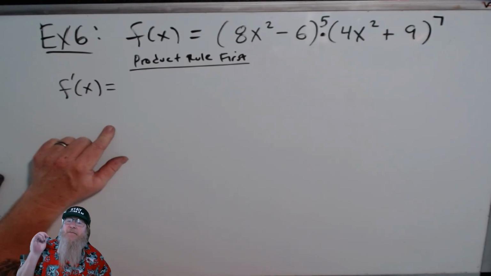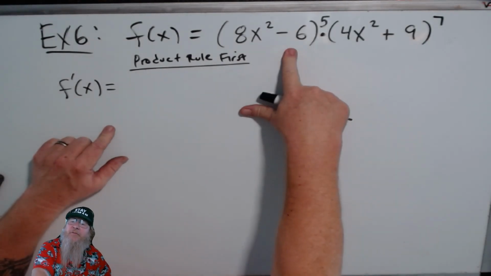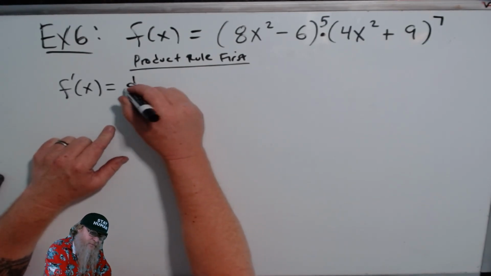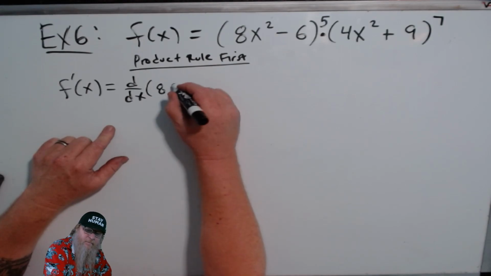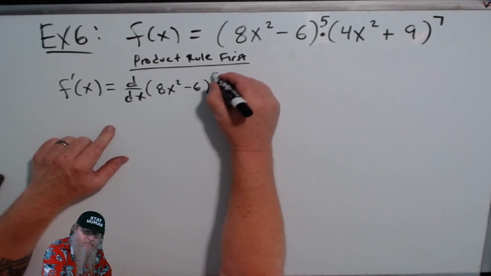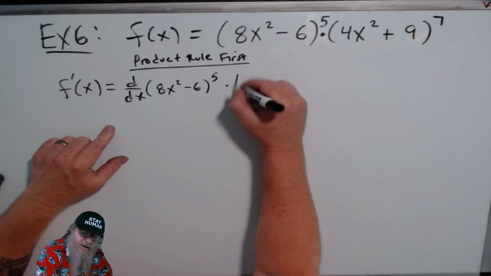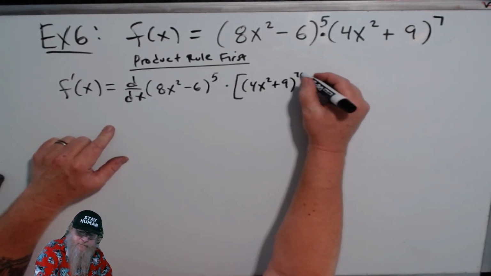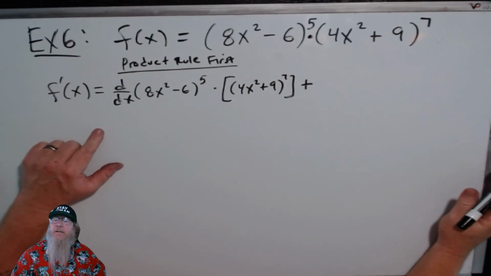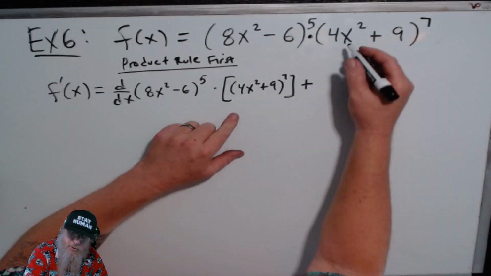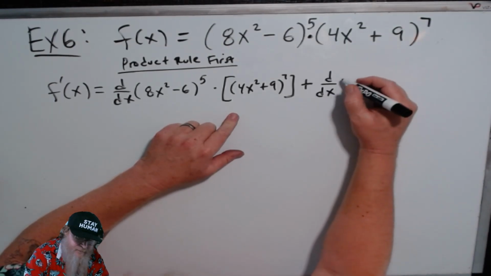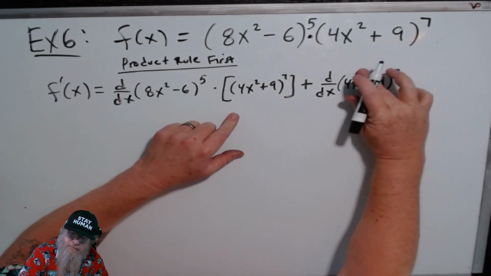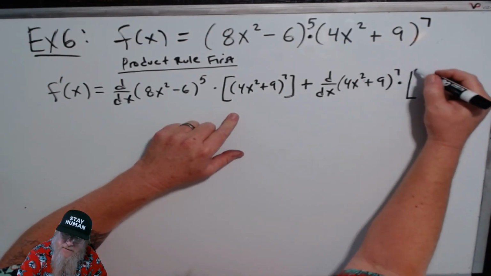So we've got the derivative of the first function times the second function plus the derivative of the second function times the first function.